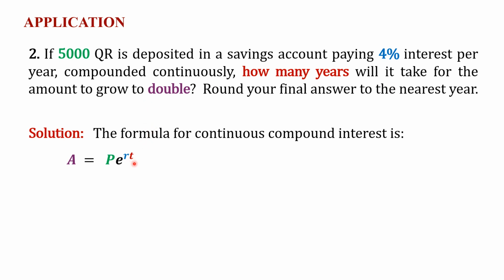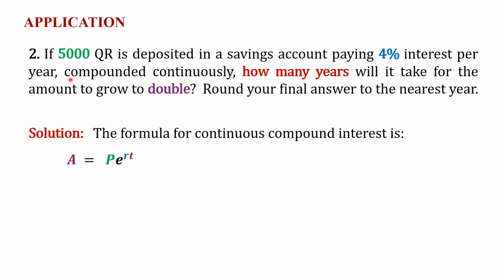And this red here is how many years, meaning this t is unknown. How long will it take for the amount to double? So this final amount should be double of the initial amount. Your money deposited is 5,000, and if you want to make it double, it should be 10,000. So the A here is 10,000.